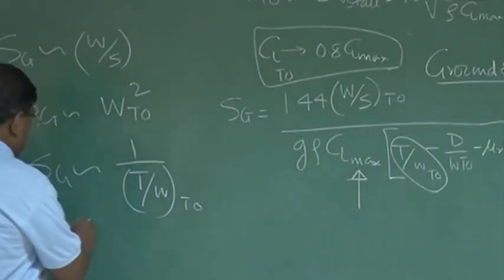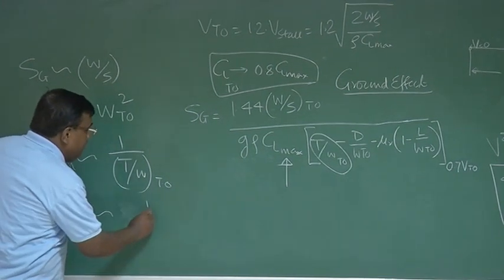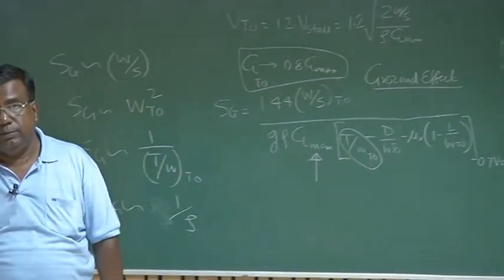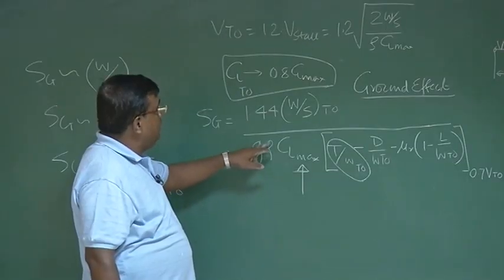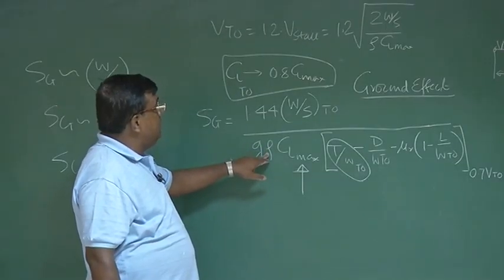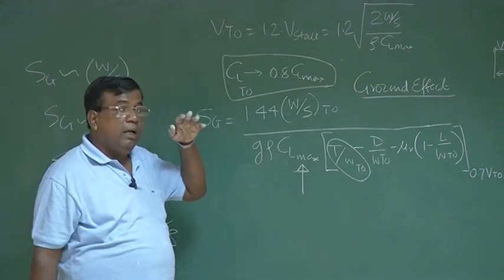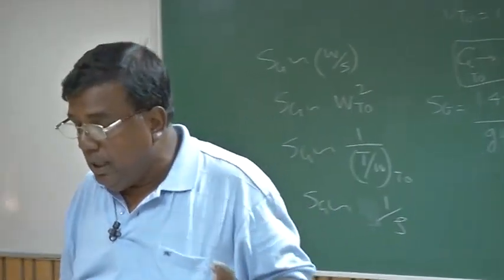And finally I come to density. You see, it is inversely proportional to density of air from where you are taking off. As I was mentioning, from here you could see that very clearly. As density decreases, SG increases. That is, if we are going to a higher altitude airport, let's say Jammu Kashmir, let's say Leh Ladakh, where density of air will be less, so you will require larger ground roll distance.